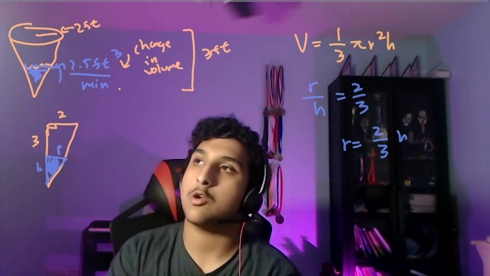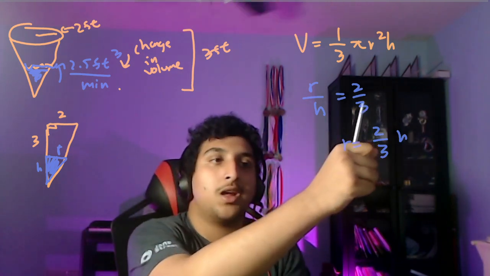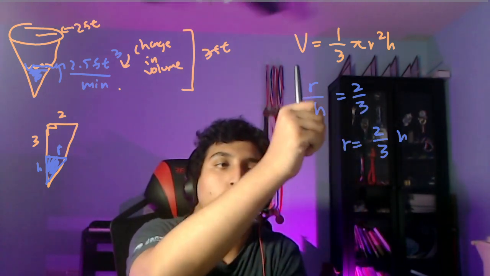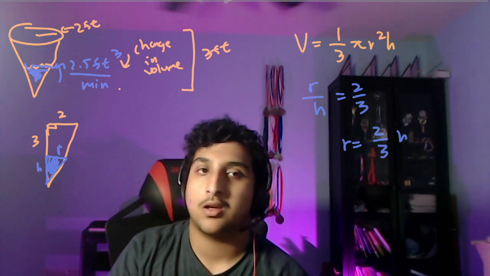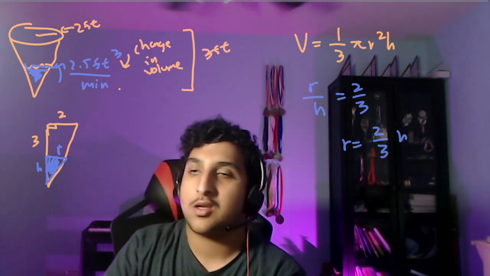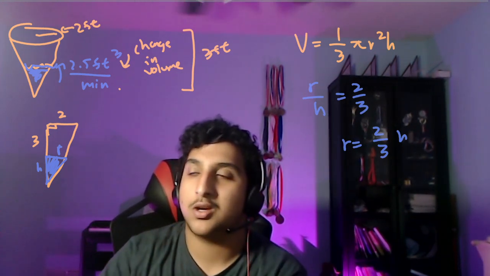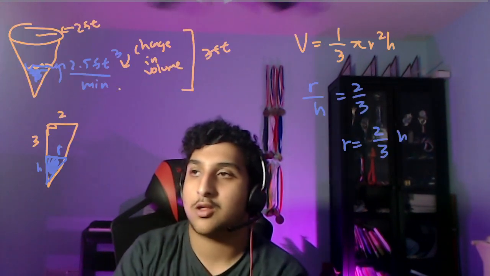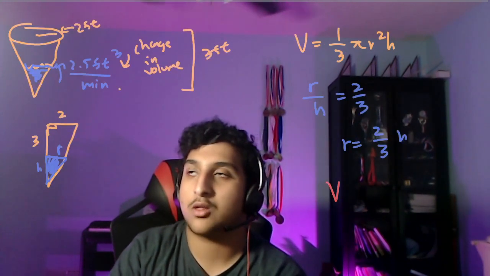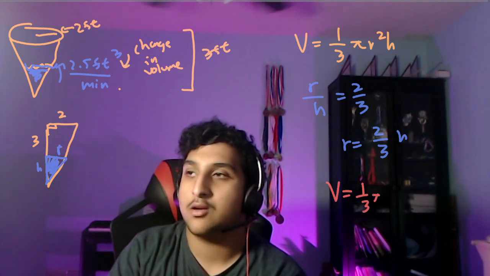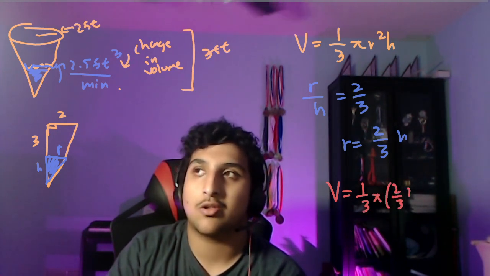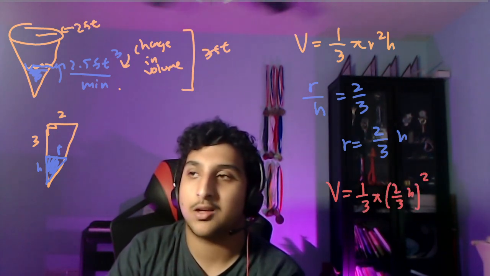Now, what we can do is simplify this into just two variables, V and h. To do this, it's going to be a simple substitution. So V equals 1/3 pi (2/3 h) squared times height.